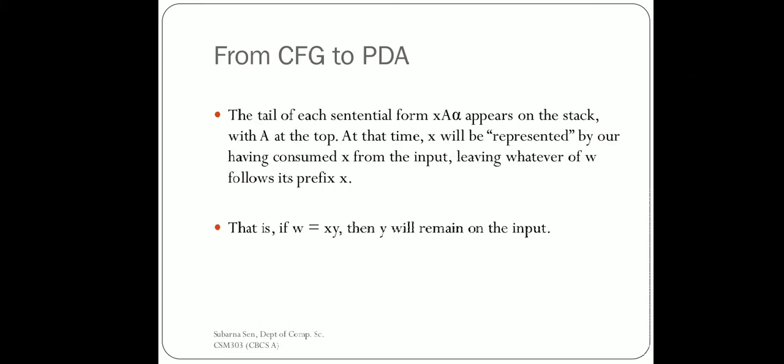Okay, next, the tail of this sentential form, x A alpha, appears on the stack with A at the top. I have already told you that x is the set of those terminals which have already been consumed. So at the topmost part of the stack, obviously A will be there, because next we have to pop from the stack and move according to the production rules given, and that is A. At that time x is represented by our having consumed x from the input, leaving whatever w follows its prefix x.